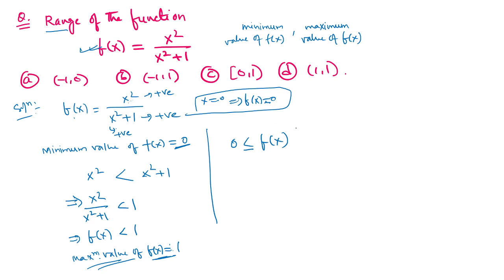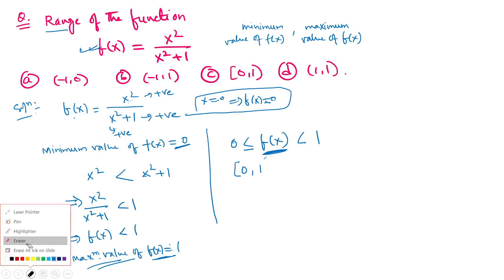And fx is always less than 1. So the range of the function values is from 0 up to 1. Or just excluding the equality sign for 1. So the correct answer is option number C.